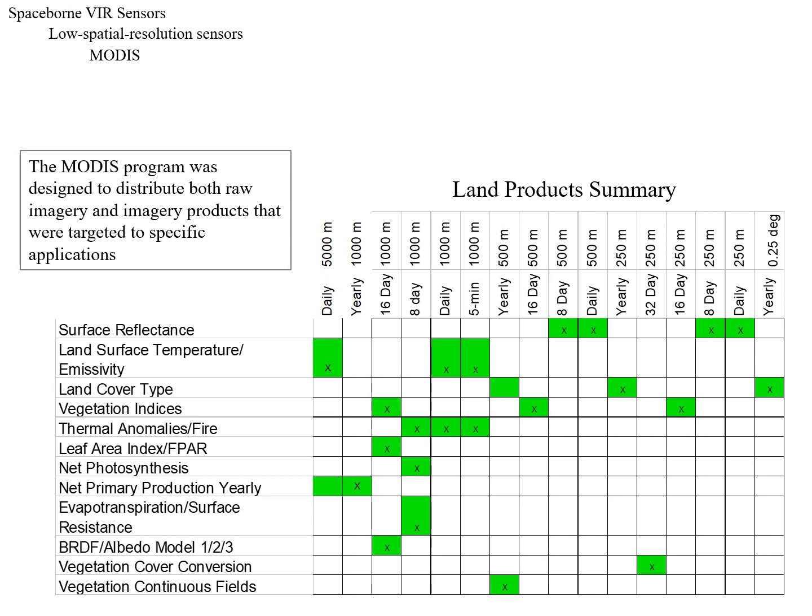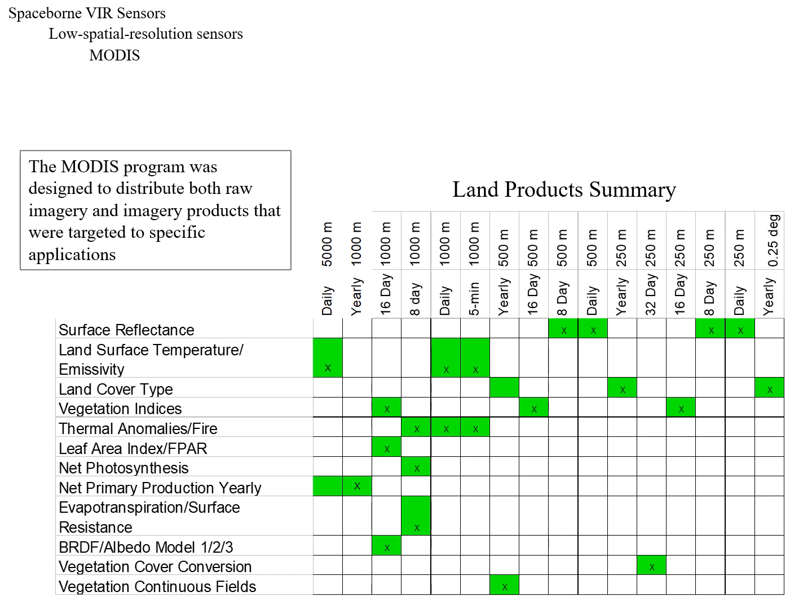There are then model-based products like net photosynthesis, which again we'll talk about, net primary productivity, the evapotranspiration from the surface, the resistance to evapotranspiration, BRDF, bidirectional reflectance distribution function, which kind of tries to correct for the different angles at which you're observing the surface of the Earth.